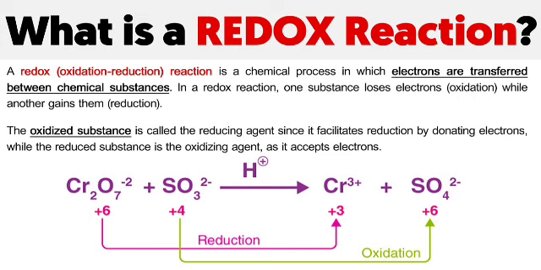They give them out to another element that is ready to accept. If there is nothing ready to accept, it remains the way it was. If it was negative, it remains negative. So you can't say oxidation has occurred and there is no reduction, because nothing took it. Oxidation occurs complementarily with reduction.